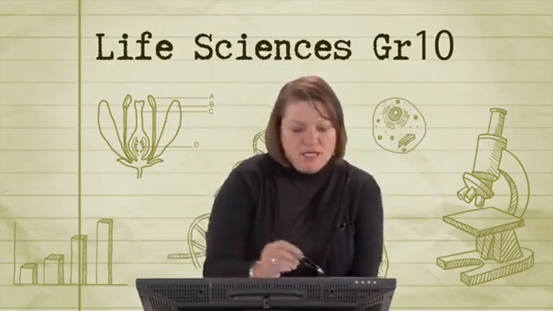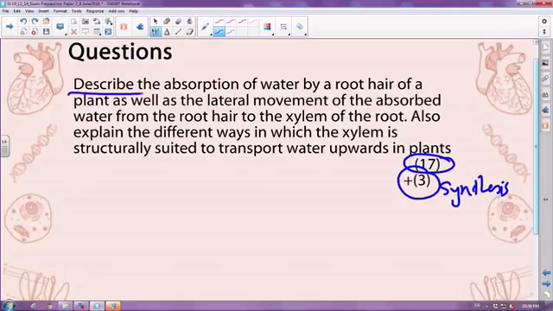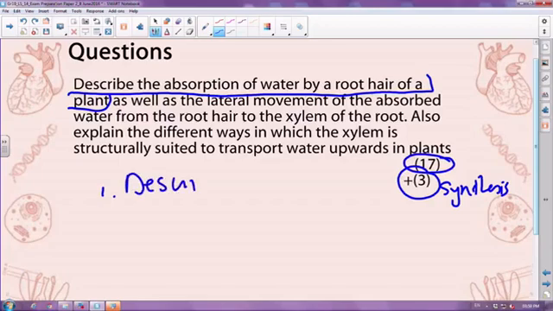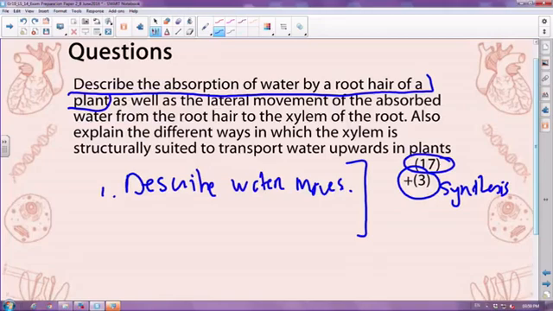It says, describe the absorption of water by a root hair of a plant. Okay, so what's one of the things I'm going to do? I'm going to describe how water moves into the plant. Okay, so I'm going to make a little paragraph there.